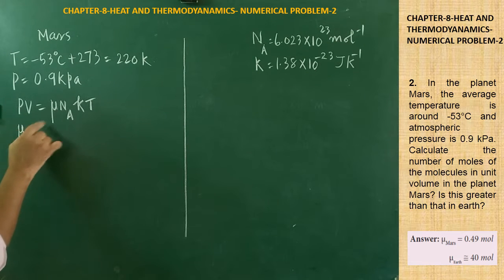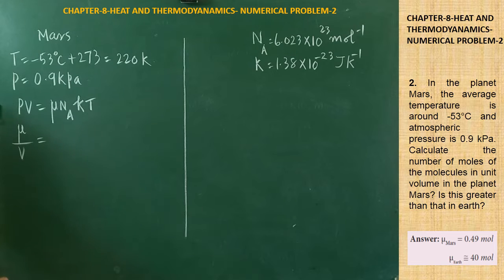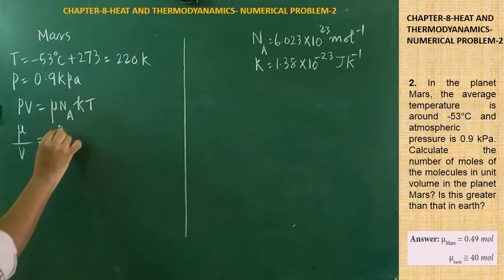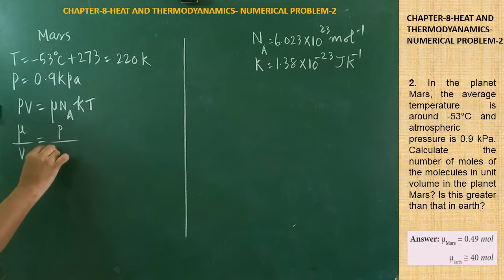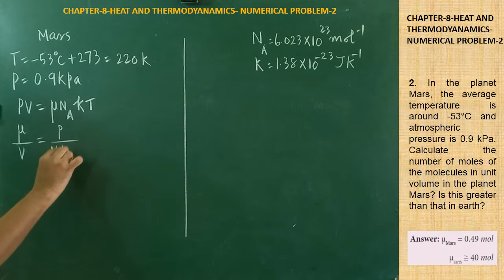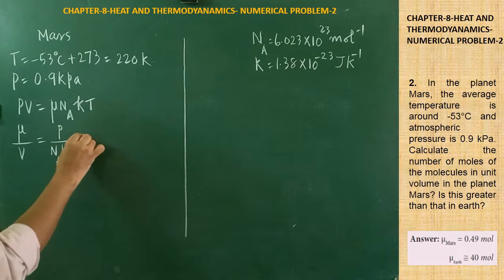So mu by V is nothing but the number of moles per unit volume. Mu by V is equal to P divided by NA kT. Simple formula.